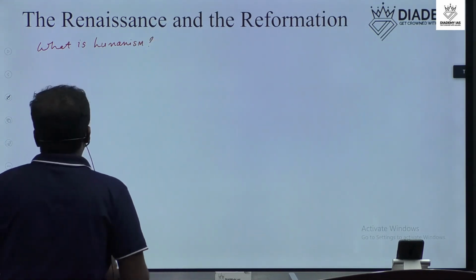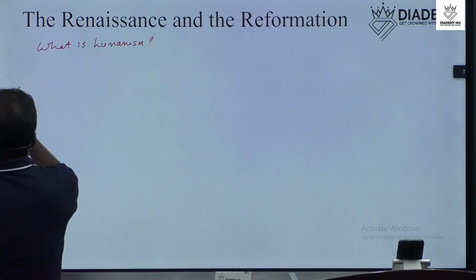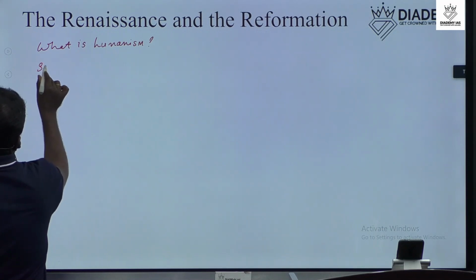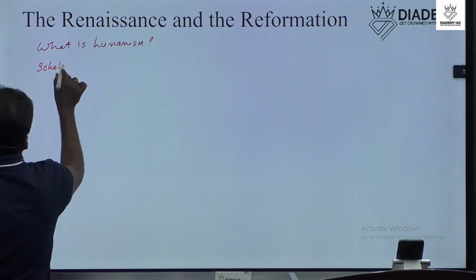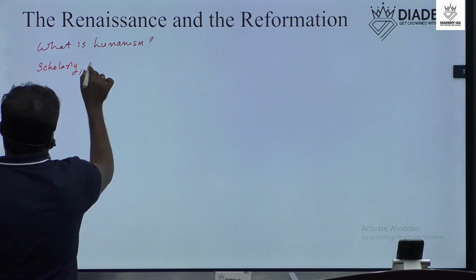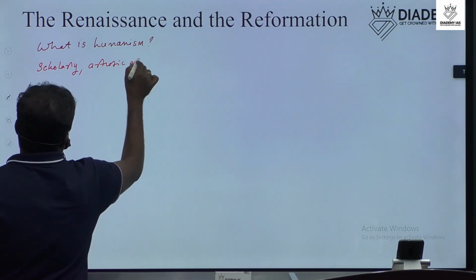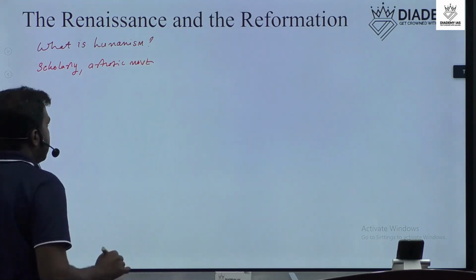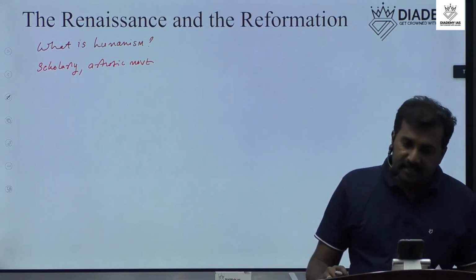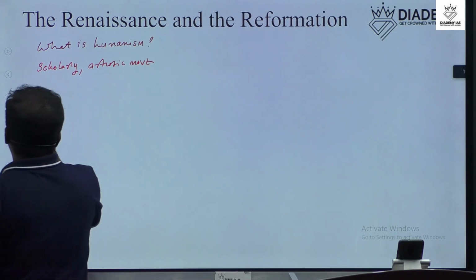What is humanism? Humanism means a scholarly and artistic movement. That is point number one. Then what is the definition of humanism?